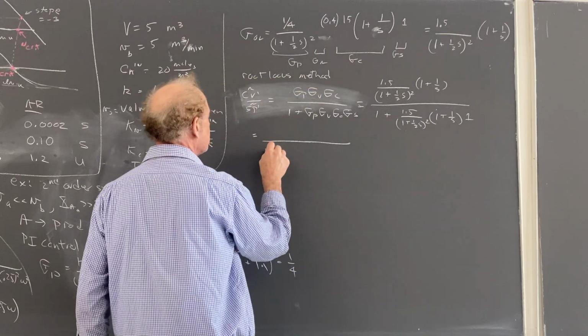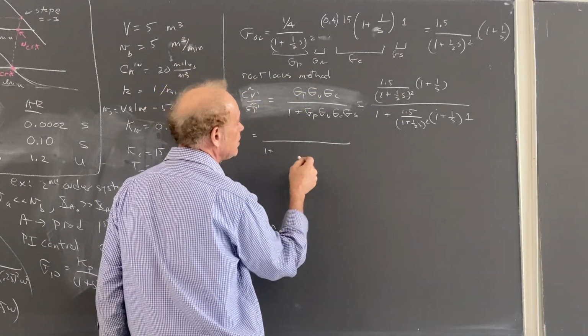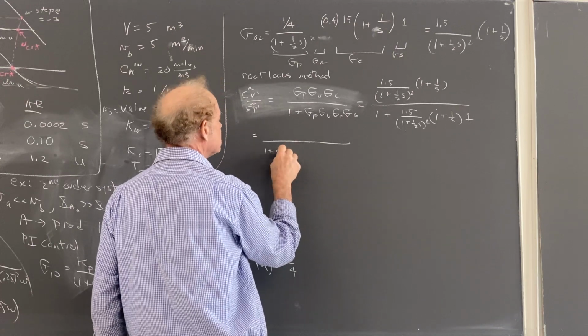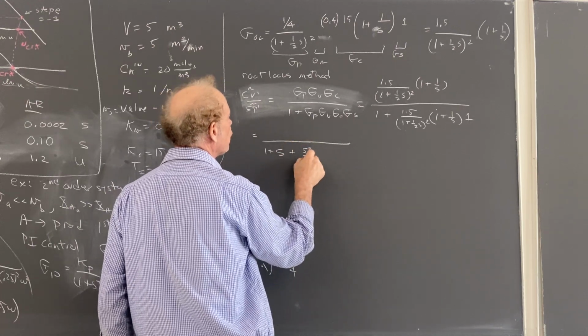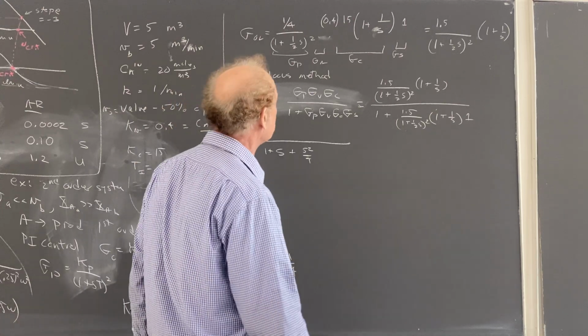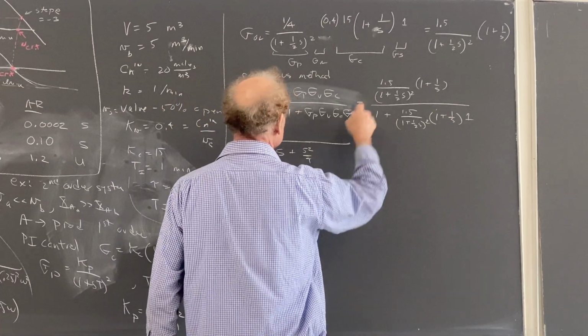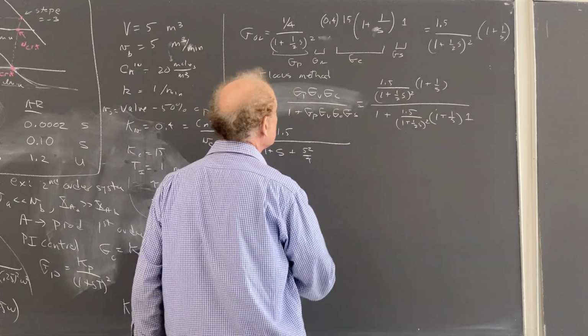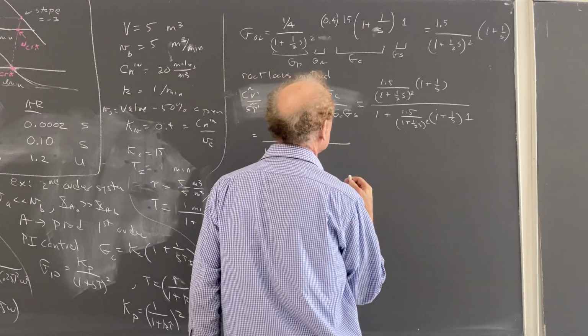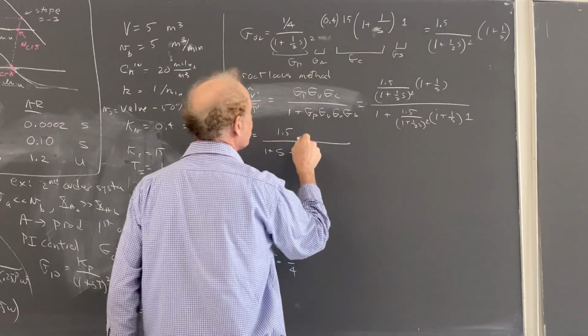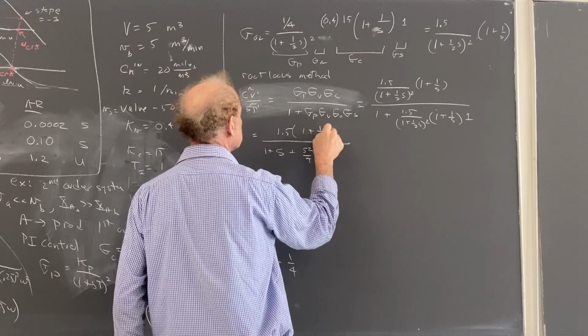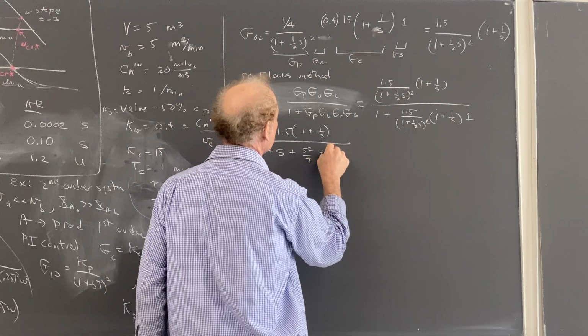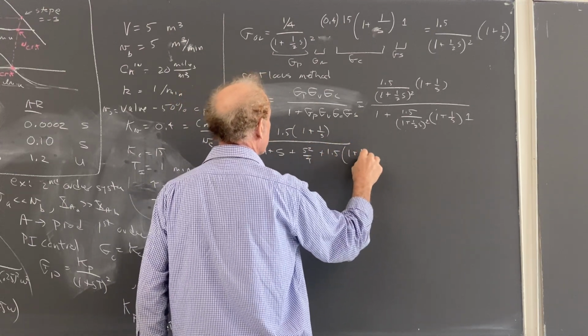So I have a 1 plus, as we did a minute ago, s plus s squared over 4. That's multiplied by the 1. So here I have a 1.5, and I have a 1 plus 1 over s. And here I have a plus 1.5, 1 plus 1 over s.